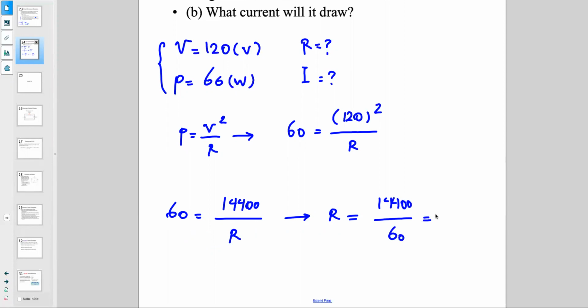If you put that in your calculator, 14400 divided by 60 is 240.